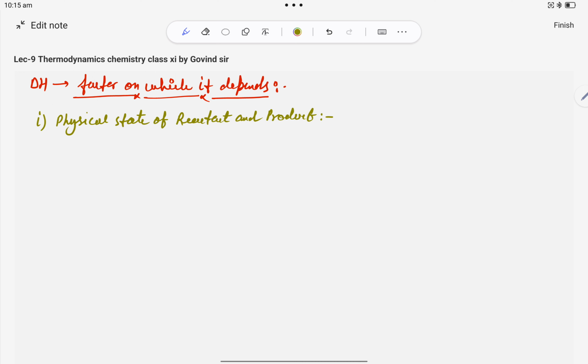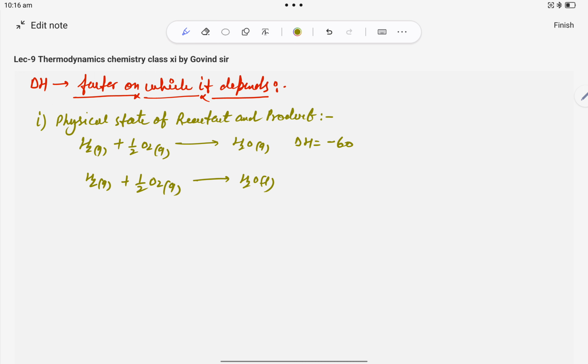So how it will be? Like H2 gas plus half O2 gas, and they are forming H2O gas. In that case, delta H is equal to minus 60. At the same time, H2 gas, half O2 gas, and they are forming H2O liquid.